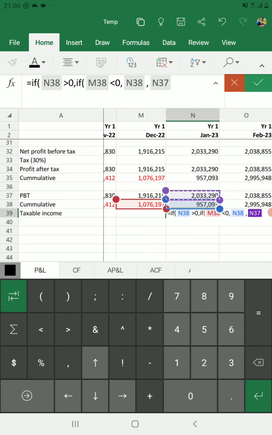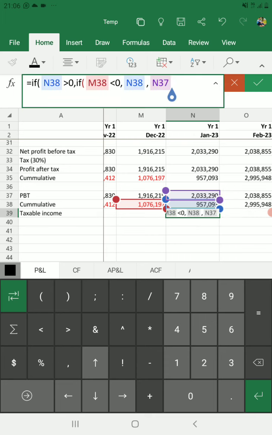Otherwise, okay, so here I close the bracket and then put comma. Now we started with IF, this cumulative figure is greater than 0. Now if this one is less than 0, then there will be no taxable income.